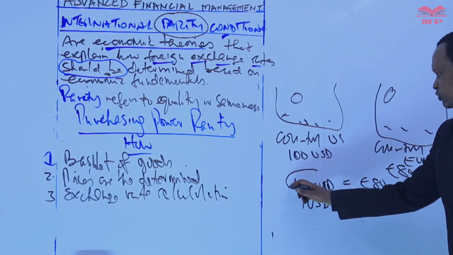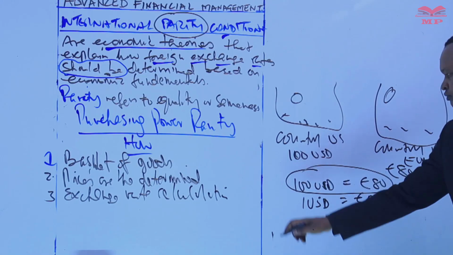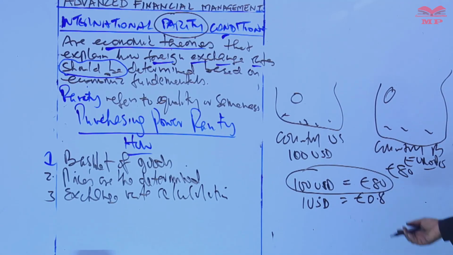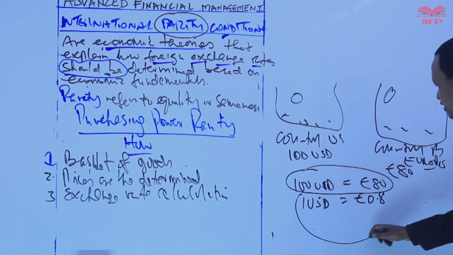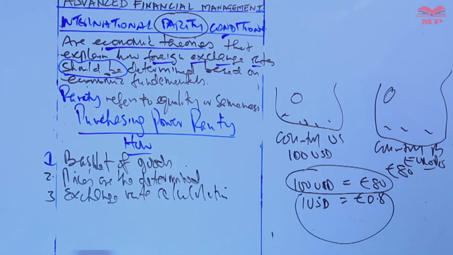This ratio is a basis for exchange rate. So this exchange rate is based on the purchasing power of these two countries. You understand?